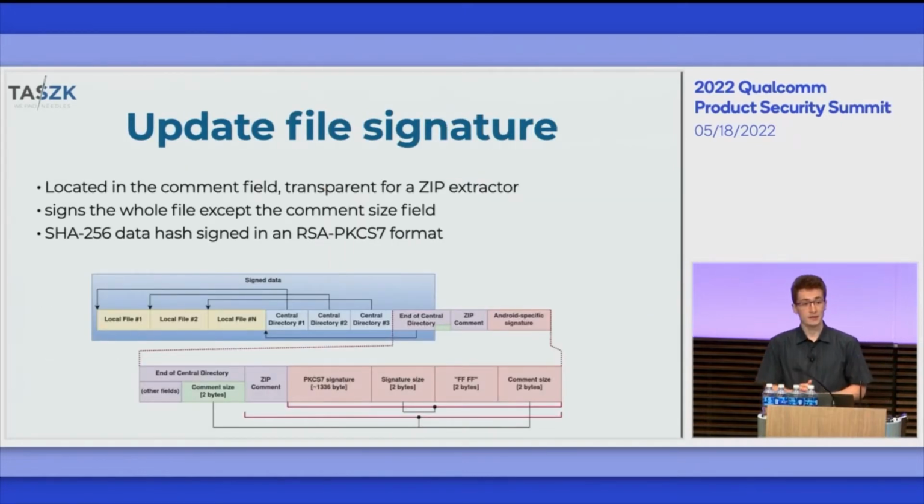Additionally, Android added a signature to these update files, which is appended to the zip. Technically speaking, from the zip point of view, it's part of the comment section, so it's not a new field, but from the verifier, which the update binary uses, it has a distinct magic number, the FF at the end, and duplicates some fields for sanity checks.